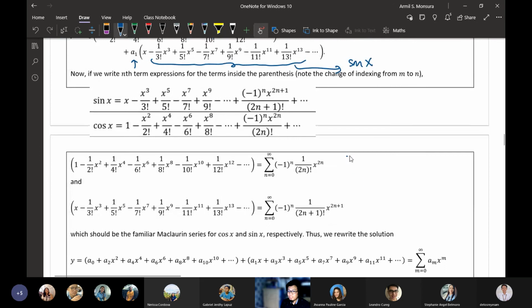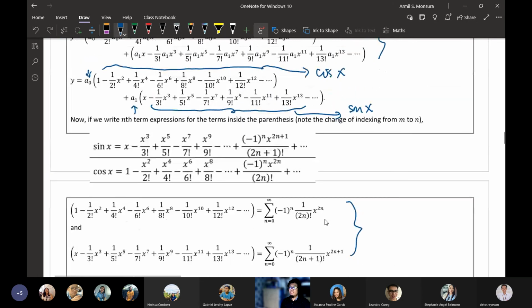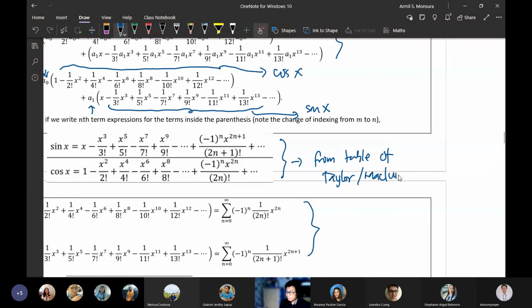Right? Let's mark this. This is from the table of Taylor and Maclaurin series, although this is really only a Maclaurin series table. The table I provided is a table of Maclaurin series only.